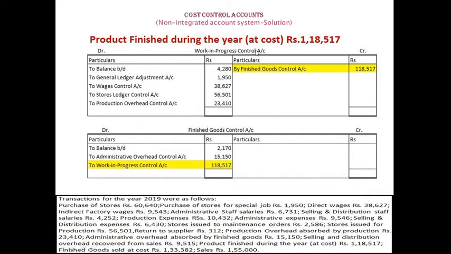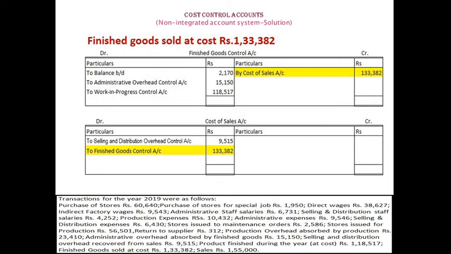Product finished during the year at cost rupees 118,517 in the credit side of work in progress control account by finished goods control account 118,517, and in the finished goods control account to work in progress control account 118,517. Next is finished goods sold at cost rupees 133,382, and in the finished goods control account by cost of sales account 133,382, and in the cost of sales account to finished goods control account.